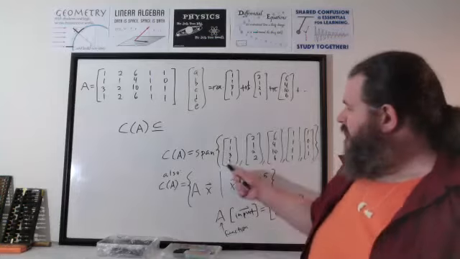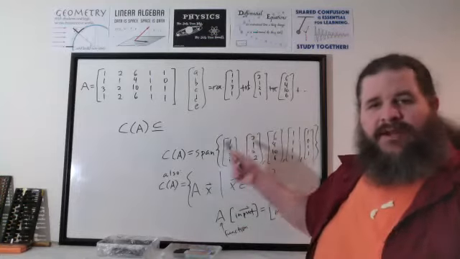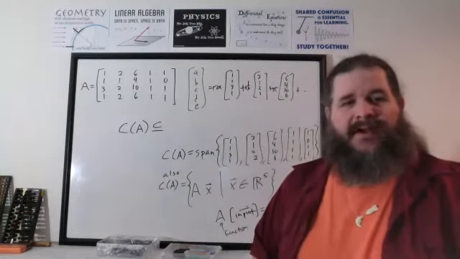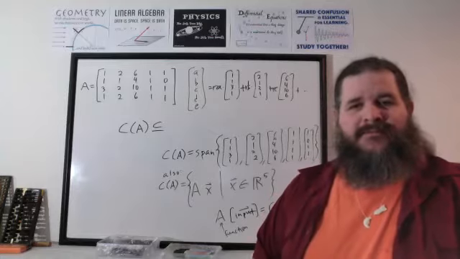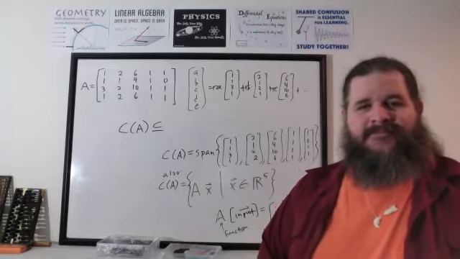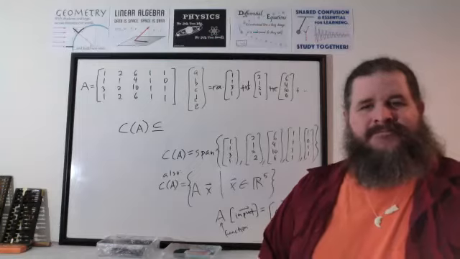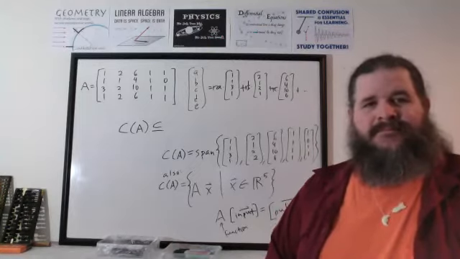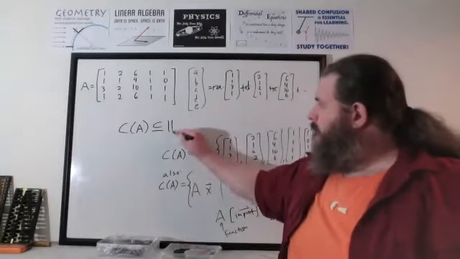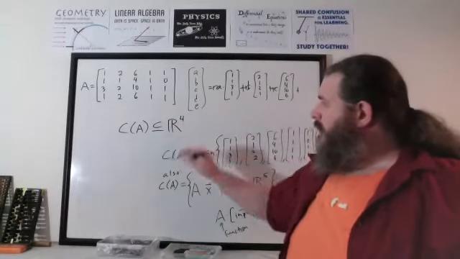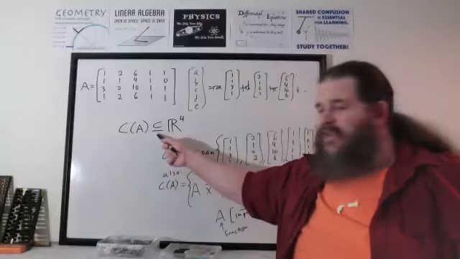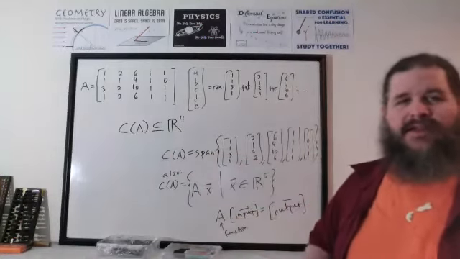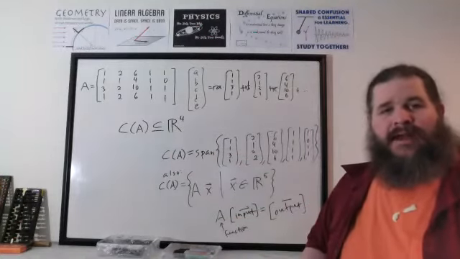If you consider all these columns, these are all 4x1 vectors, right? What do we call the set of all 4x1 vectors with real numbers? R4? Yeah. So we would describe this as the column space is a subset of R4. That is, everything in the column space is a member of R4 anyway.